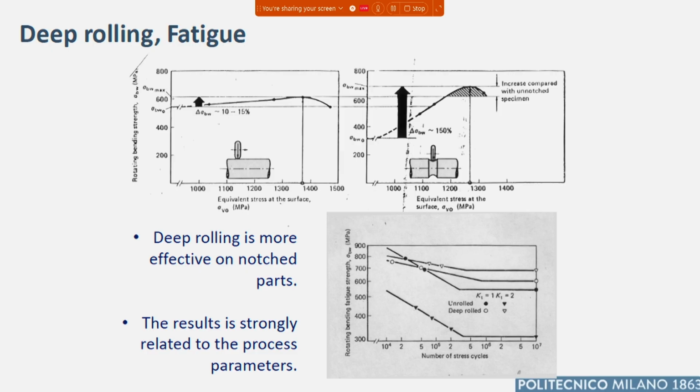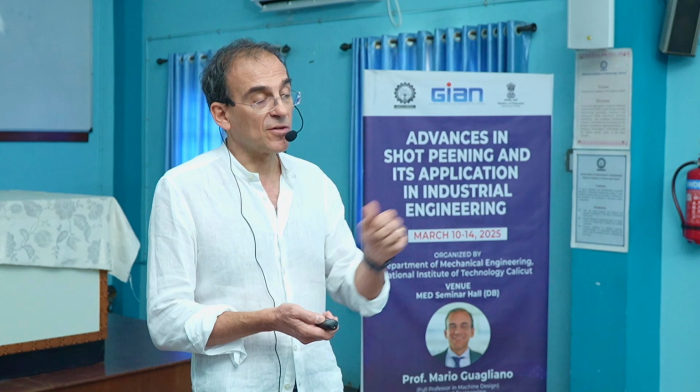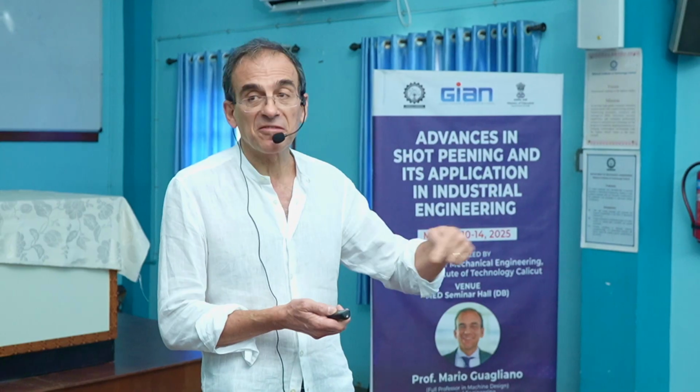And now we know why. We have discussed many times why, and which are the parameters that are important for a correct design of deep rolling: the contact load, and the number of passes, the number of times we are repeating the contact of the tool, of the roller, with the part.